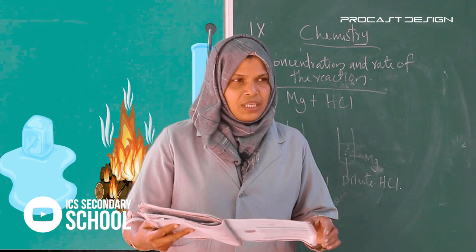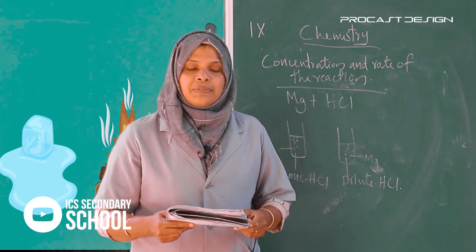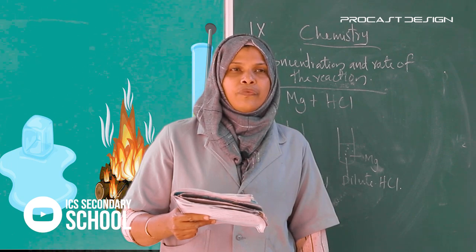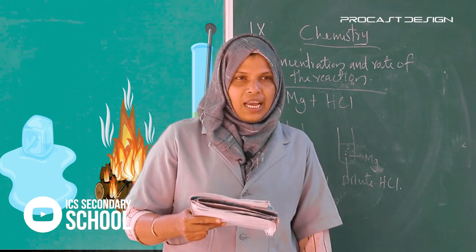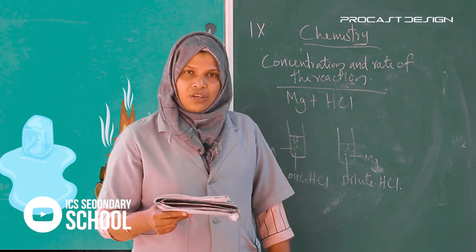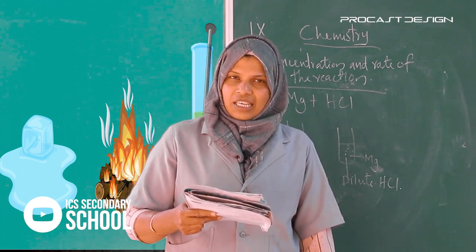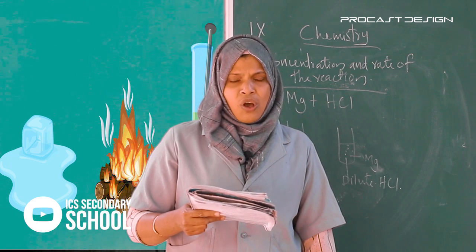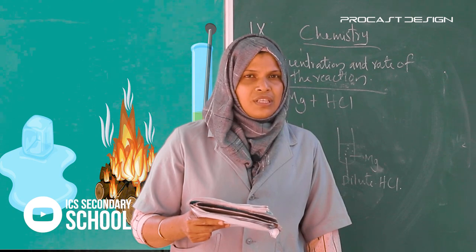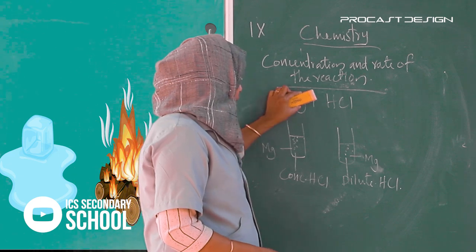Next, look at page number 56. Observe the figure. Note down your observation. Test tube 1: magnesium ribbon reacts very fast with hydrochloric acid and hydrogen gas is evolved. Second one: magnesium ribbon reacts with hydrochloric acid very slowly. Can you write the balanced chemical equation for this reaction?